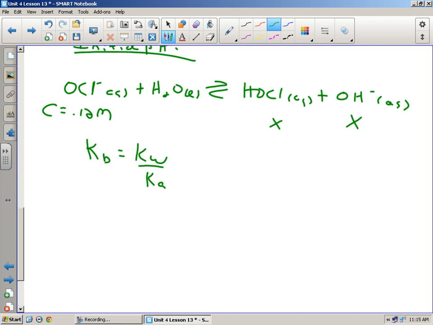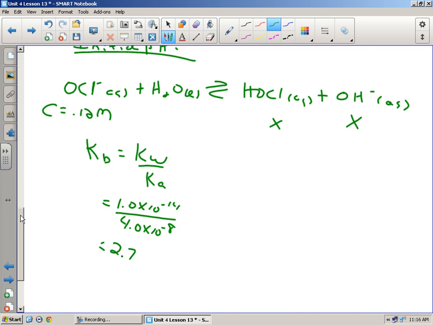So that, of course, will be 1 times 10 to the negative 14 over the Ka of hypochlorous acid, 4 times 10 to the negative 8, which is actually 2.7. Is that right, somebody? Did somebody do that? I better double check here.